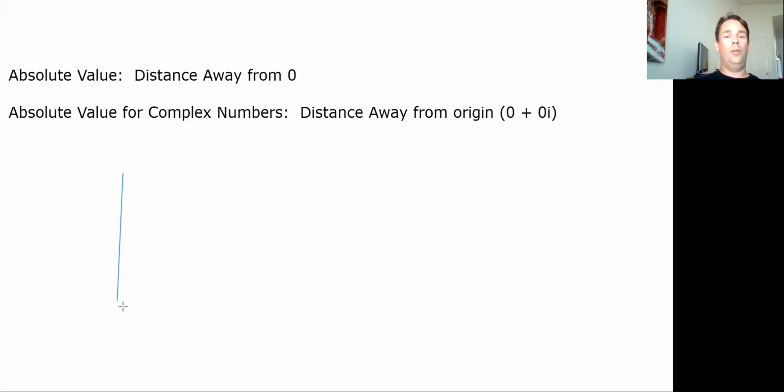So let's go back to the one we had at the very beginning. We graphed the complex number 3 plus i. At the very beginning, we had this complex number, and we called it 3 plus i. And by the way, you'll find out second semester, a lot of times we use the letter Z to represent a complex number.